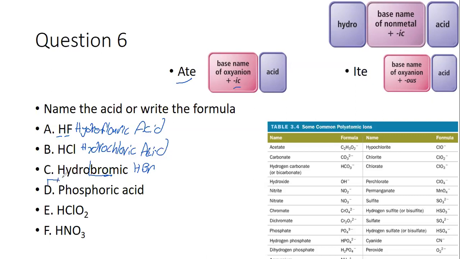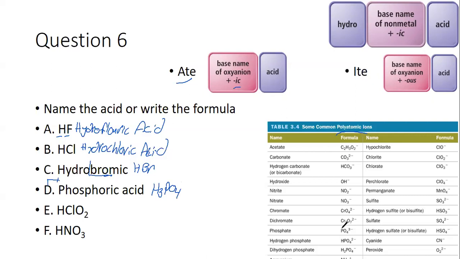If there's no hydro in front of the name, that means it's one of our polyatomic ions. So phosphoric acid comes from phosphate, H3PO4. How did I know there were 3 hydrogens, you might be asking yourself? One, because I'm a genius. Just kidding. I've been doing this a long time.